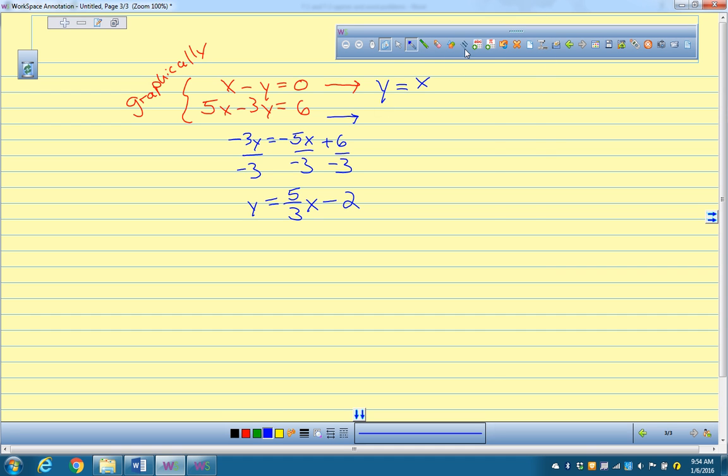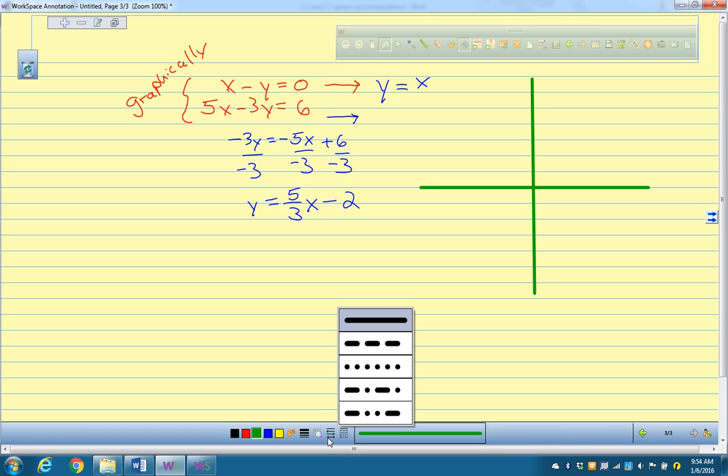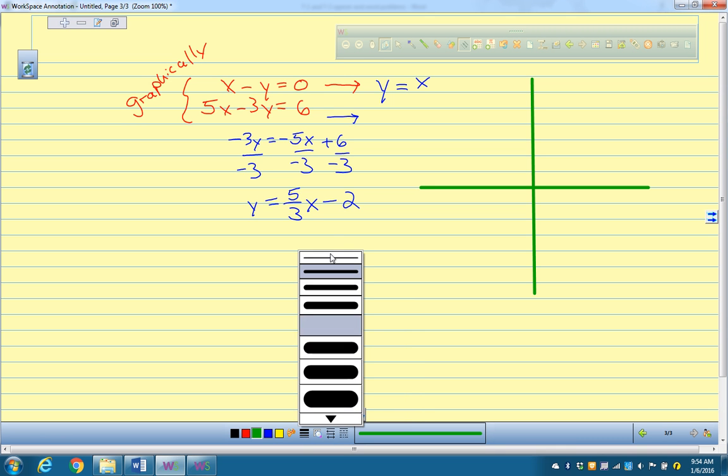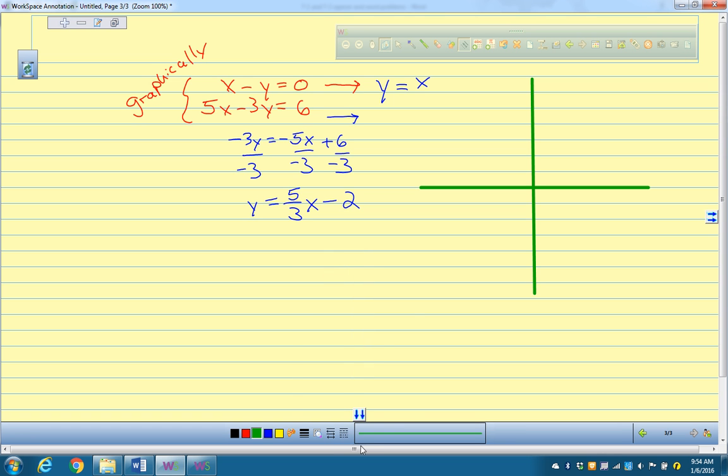And then I could graph those two equations. The first one, we'll make it thinner. We'll put arrows on the end.